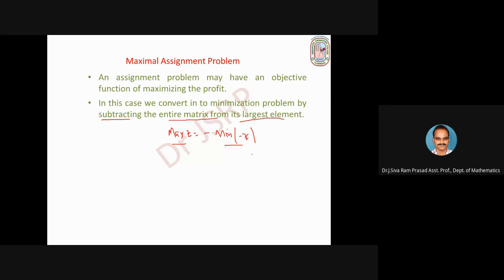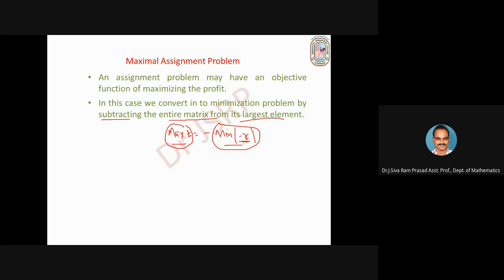This is the relation to convert a maximization problem to minimization or minimization to maximization. Here we have a maximization problem, so to convert it to a minimization problem, we consider minimum of minus z. We consider the negative of the objective function and we minimize that function.